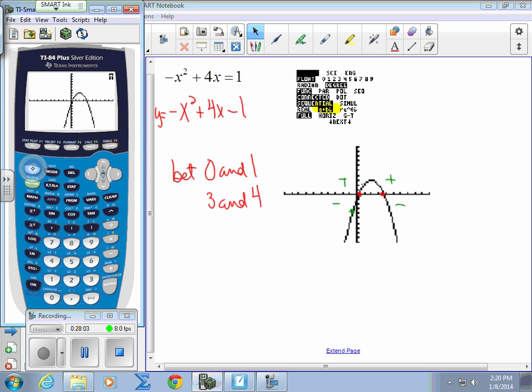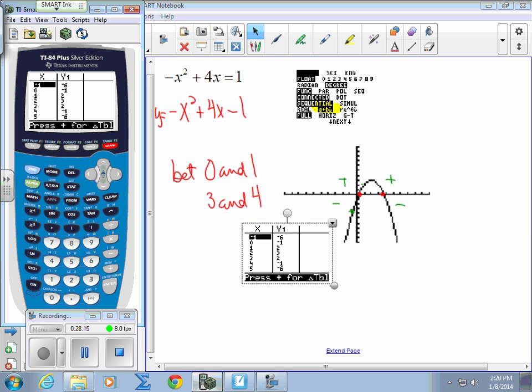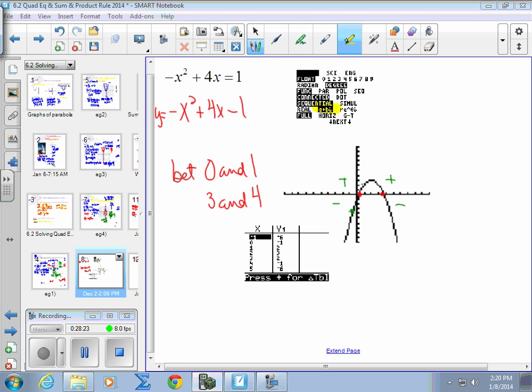So if you go to the second graph and choose the table, okay, everybody look up here. I'm going to stick the stuff over here. Does everybody see where on the table you're going from, scroll up to get negative 1? Alright.